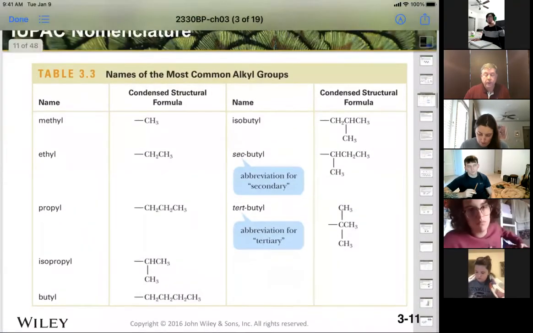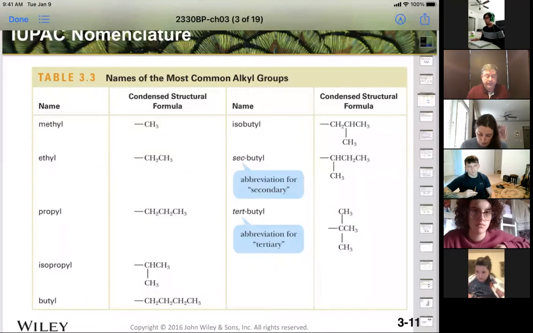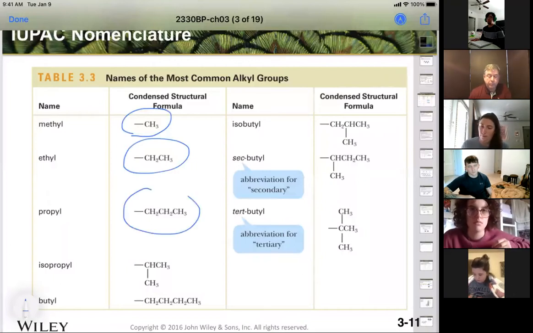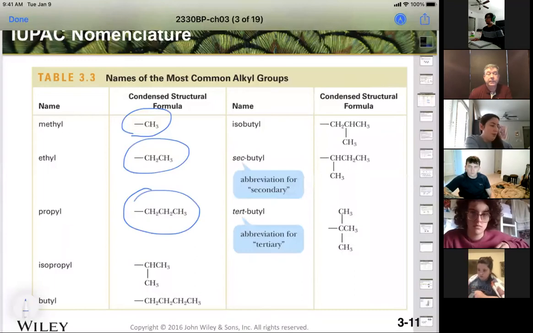Okay, so these side chains have some common names, and these are things you're going to have to write down and convert to memory. Some of them are pretty easy, like the methyl group is the simplest, the ethyl group is next, and then the propyl group. Once we get to the propyl group, we have constitutional isomers possible. When a constitutional isomer is possible, we have to name it specifically.